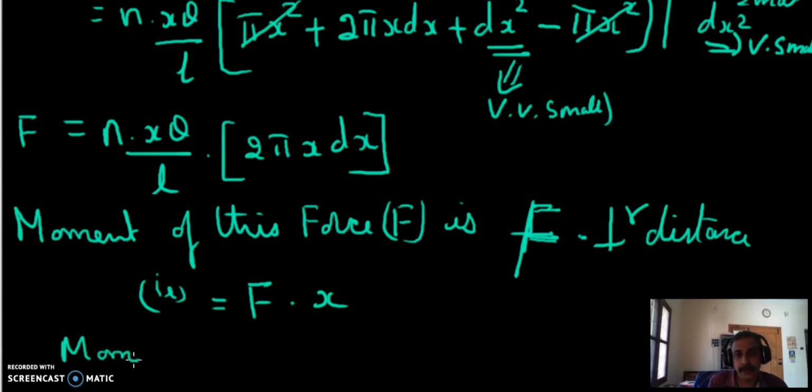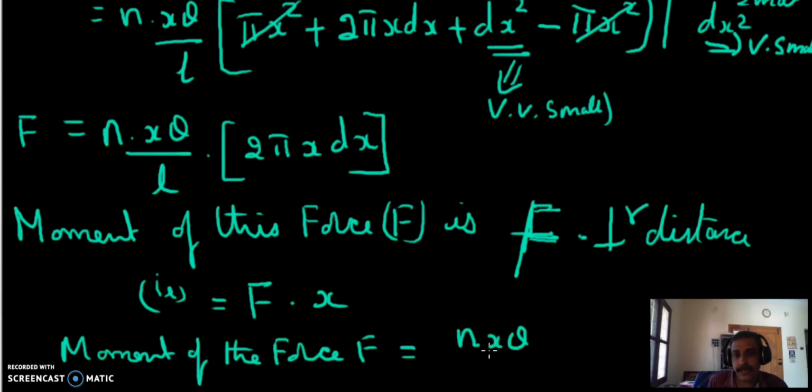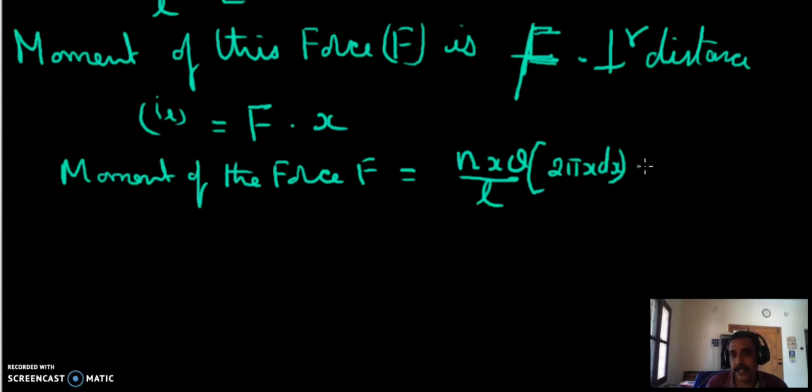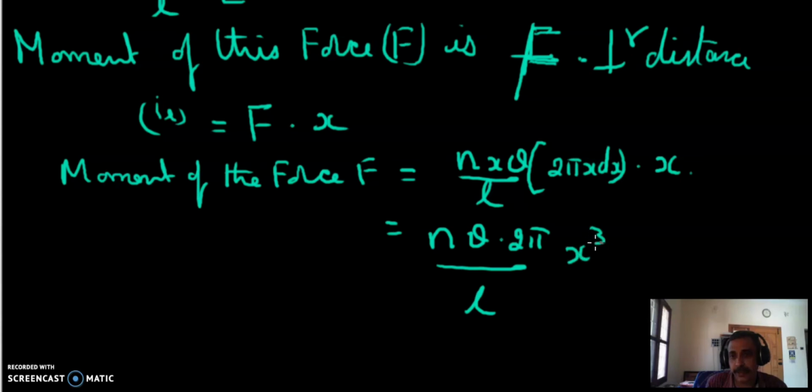Therefore, the moment of the force F is equal to nxθ/L into 2πx dx into x, that is nθ into 2π divided by L into x³ dx. One x is here, one x is here, and one x is here, therefore x³.